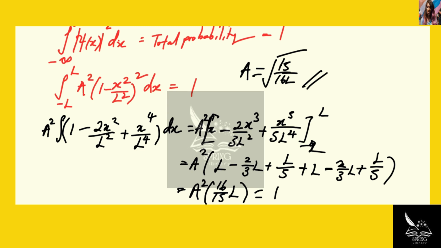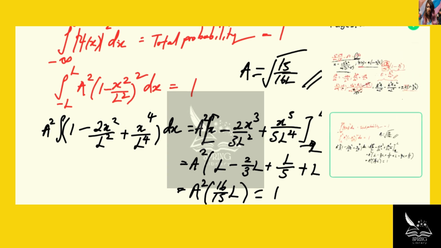Now to determine the probability for the particle to be found between minus L over 3 and L over 3, again we use the probability density function. We need to integrate the probability density function, which is just psi square, from negative L over 3 to L over 3.